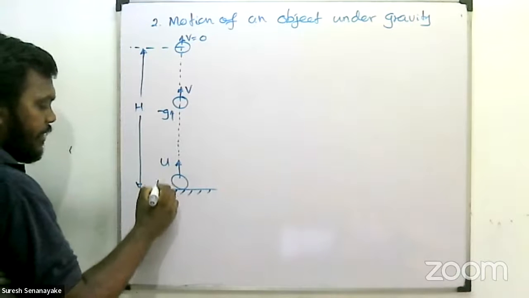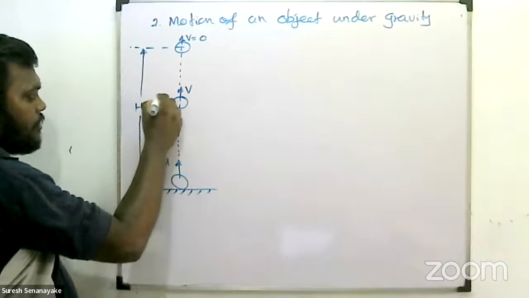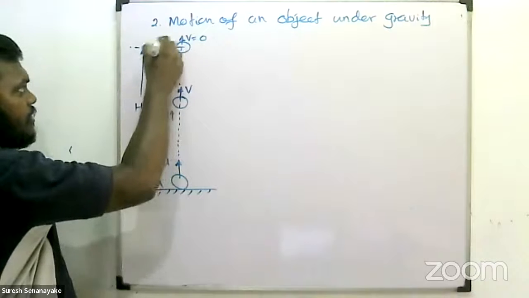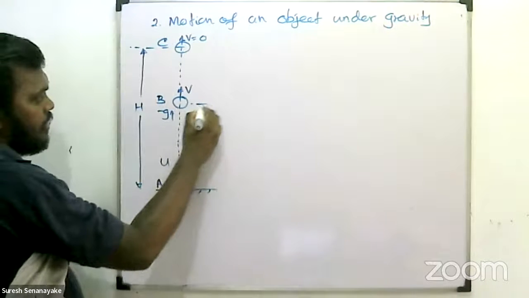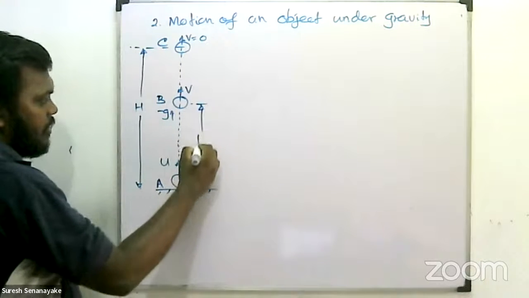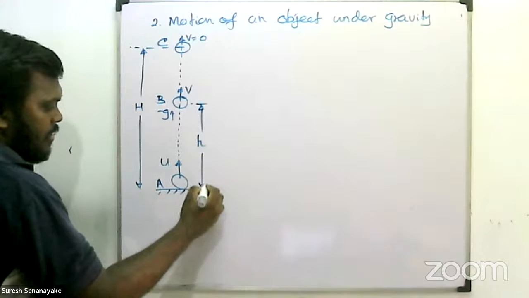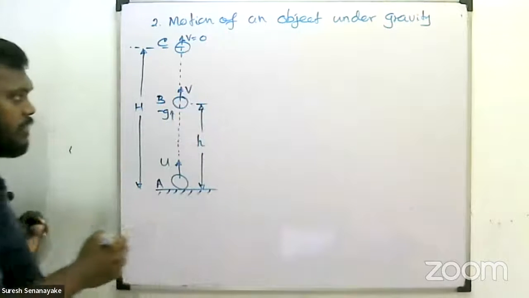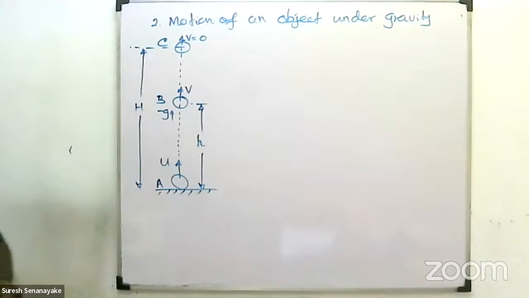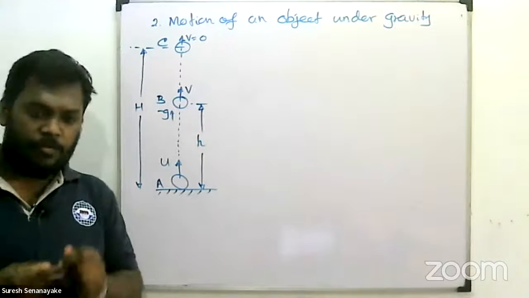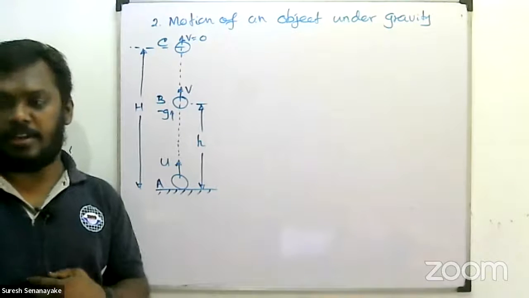This is point A, this is position B, and this position I am considering as C. At this position, the height from the ground is, let's say, h, and the velocity in that position we consider as v. So let's write.